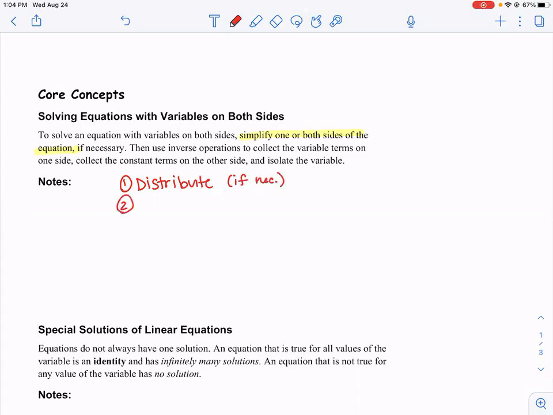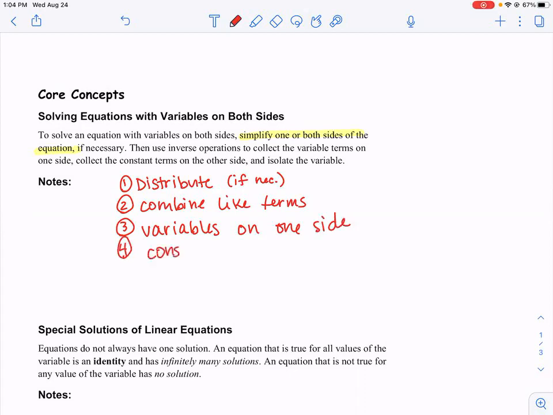Step 2, combine like terms if necessary. Then I want variables on one side, constants on another. Once you have variables on one side and constants on the other, then we can divide by that coefficient in order to isolate our variable.